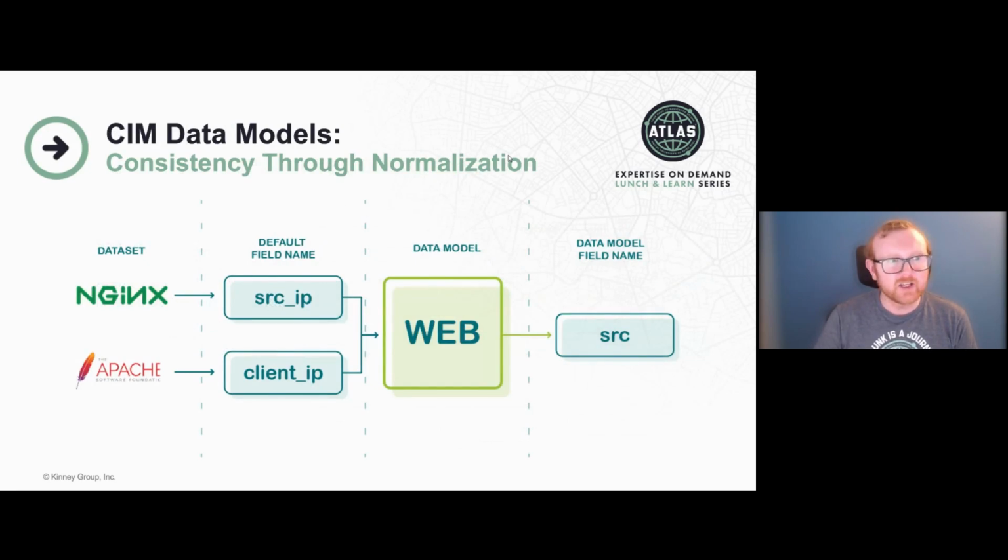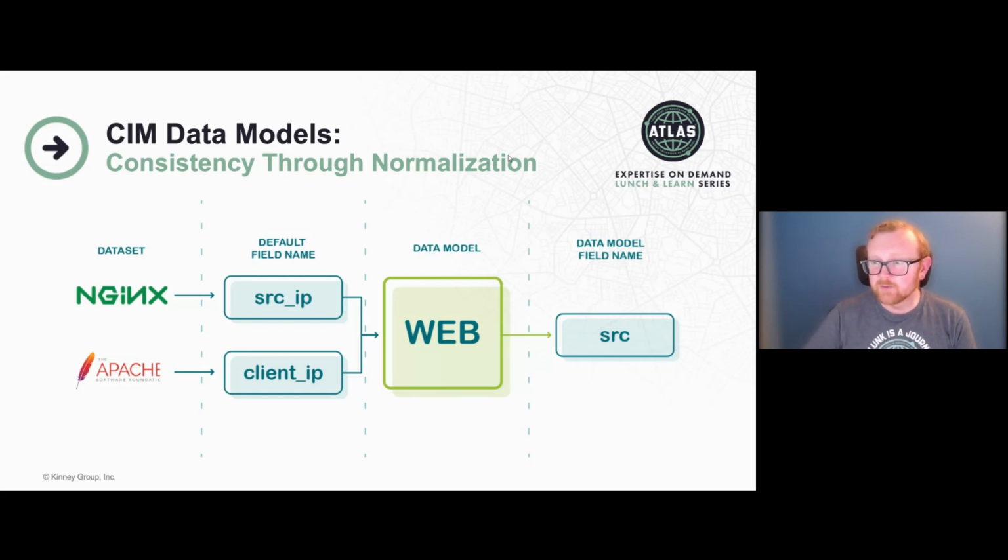But to talk about that, we have to talk about normalization. And so this is how it's able to group that data together in a way that's logical and useful. So you can see in this example here, we're getting data from Nginx, we're getting data from Apache.